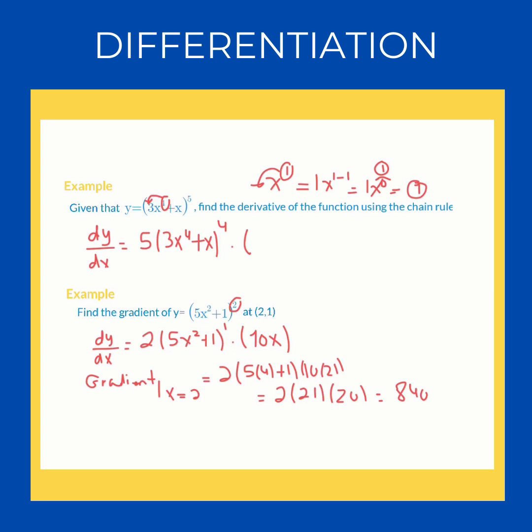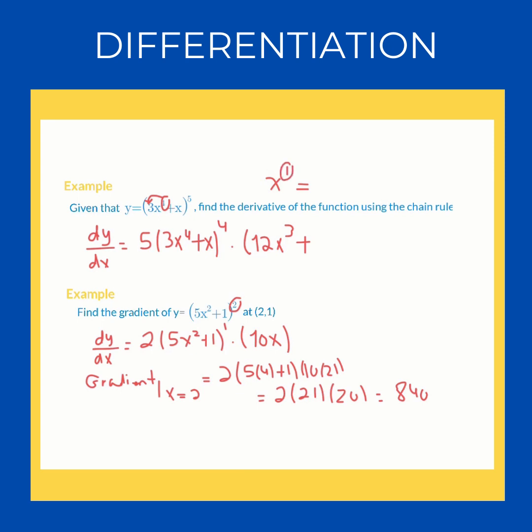For 3x to the power of 4, the 4 goes down, so it becomes 4 times 3, which is 12x, and I need to subtract 1 from the power, so 4 minus 1 is 3, plus the derivative of x. Now, when I say x, it's the same as x to the power of 1.